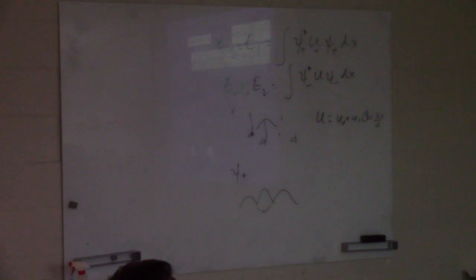Now we introduce the potential. When we did that, we got a discontinuity here at pi over a, minus pi over a, plus pi over a. At that point you got two energies.